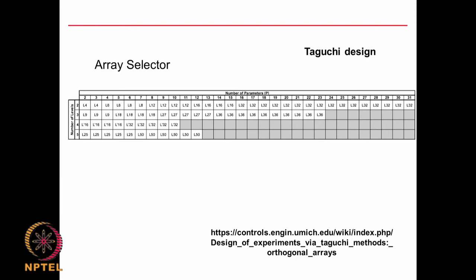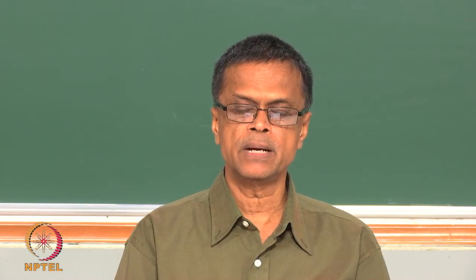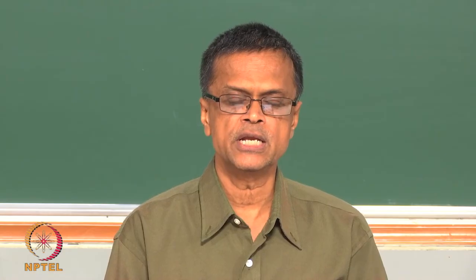So, screening designs are used for eliminating many parameters which are of no significance, and screening designs can be used to develop a linear relationship. But if we are interested in developing a non-linear relationship, then we need to go for a second order model.